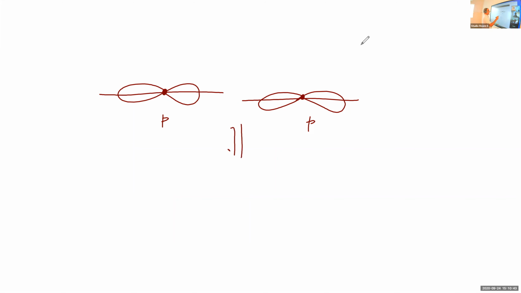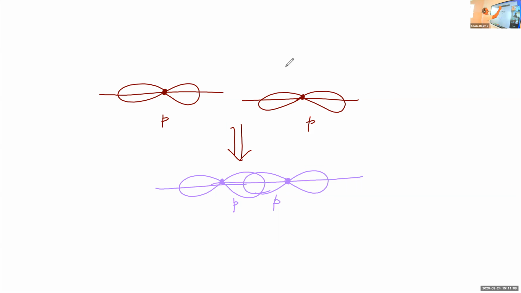Here there is one p orbital, and here there is another p orbital, and there is overlapping, and the axis is common for both the p orbitals.